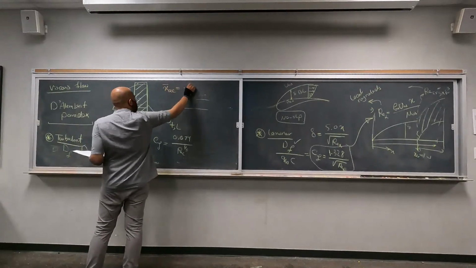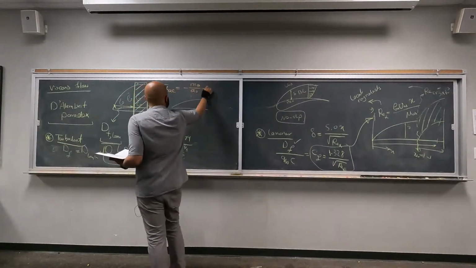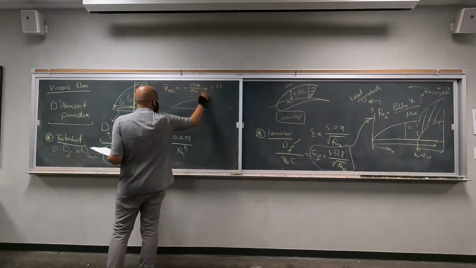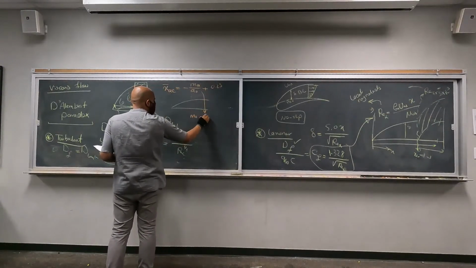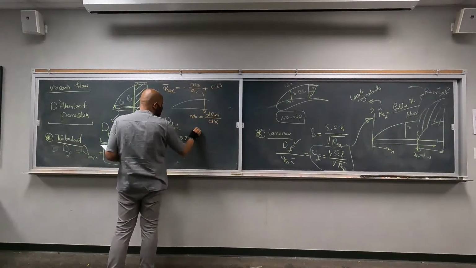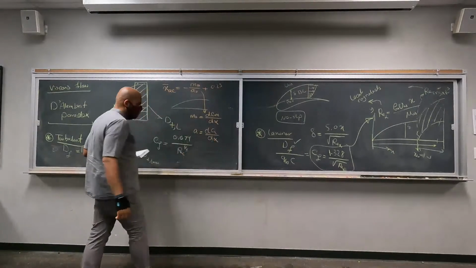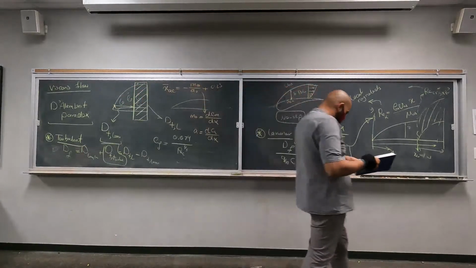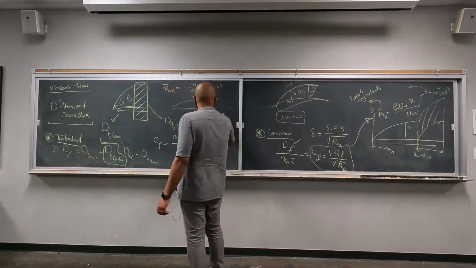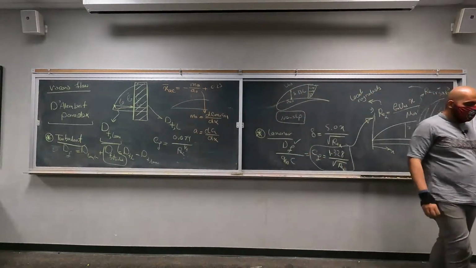Aerodynamic center is negative m0 divided by a0 plus 0.25. And m0 is dcm d alpha, a0 is dcl d alpha. That's dcm around the quarter. That's the location of aerodynamic center.